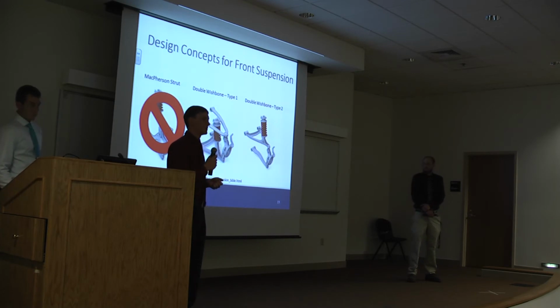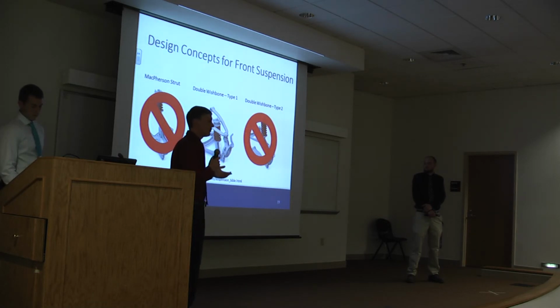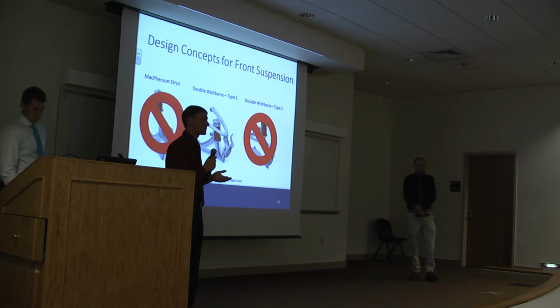The second type of suspension is the double wishbone type 2. This is the suspension that is presently on the current vehicle. Like I mentioned, the issue with this is it has a large vertical area required, and we wanted to eliminate this to give the driver better visibility. So we've eliminated this. The double wishbone type 1 is the design that we will be using for our suspension.